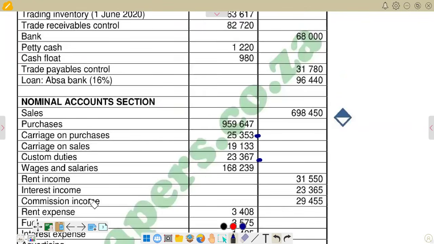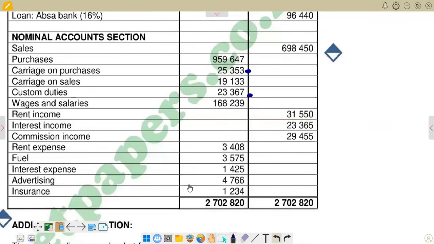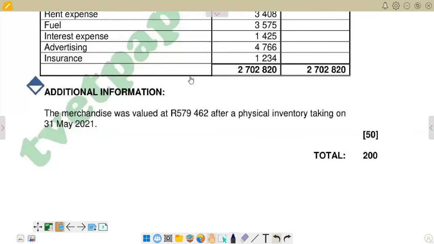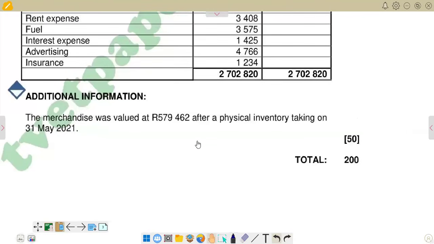And remember, the figure for closing inventory, you always find it in the additional information at the end of the year. So here we are saying the merchandise was valued at 579,462 rands after a fiscal inventory taking on 31 May 2021. Remember, on this date is where we are having our end of year. So this figure becomes our closing.